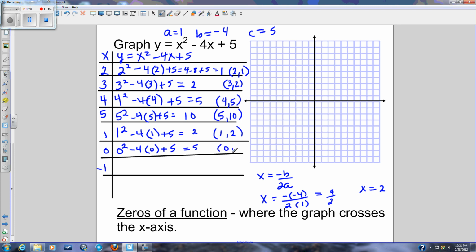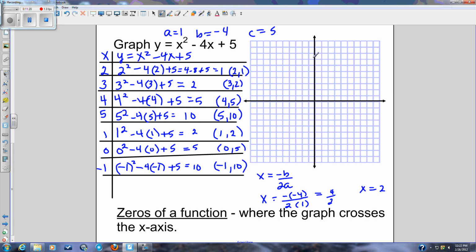So we have 0 comma 5. And then negative 1. Again, if you're plugging in a negative, put it in parentheses. So we have negative 1 squared minus 4 times negative 1 plus 5. All of that gives you 10. So we have negative 1 comma 10. Go ahead and graph that.